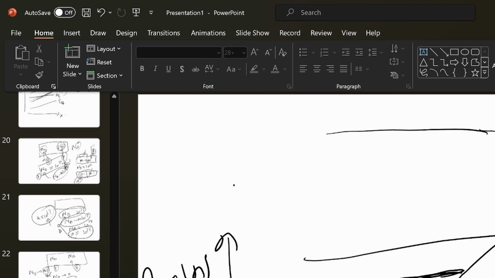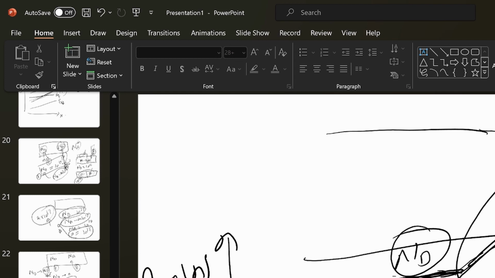This flat value is nothing but log of Nd. After that comes the Ni.